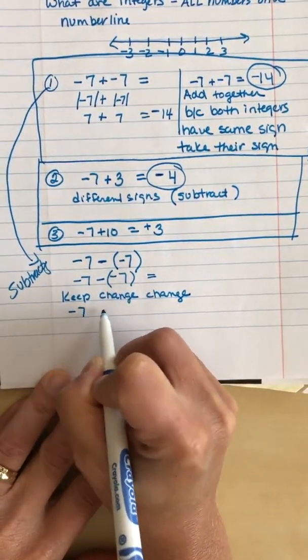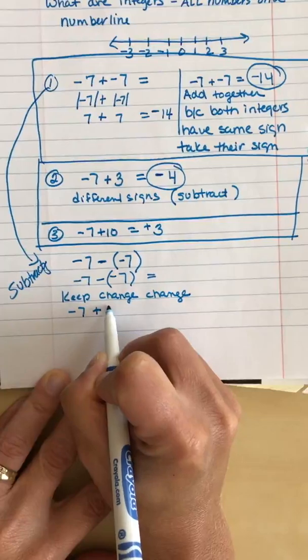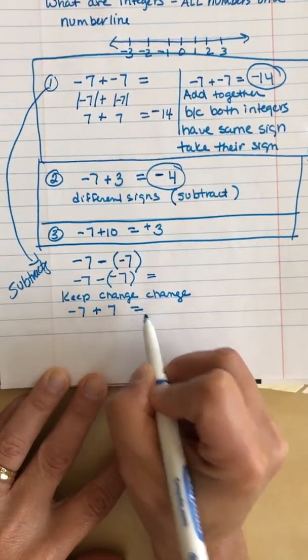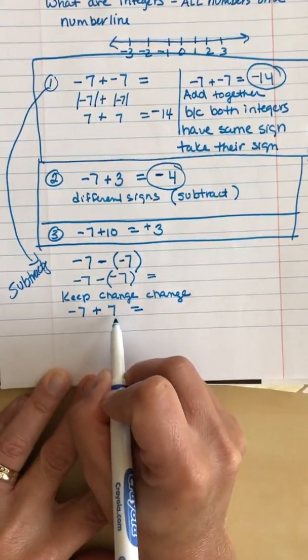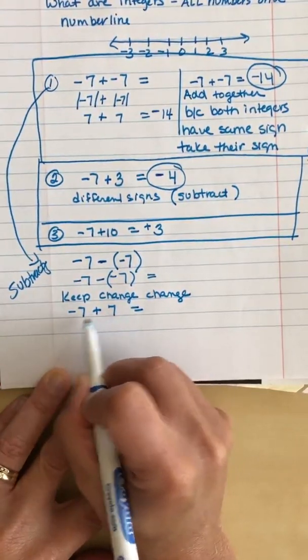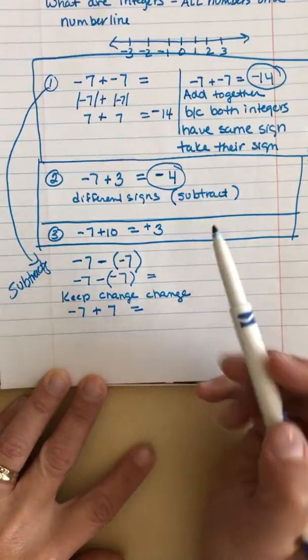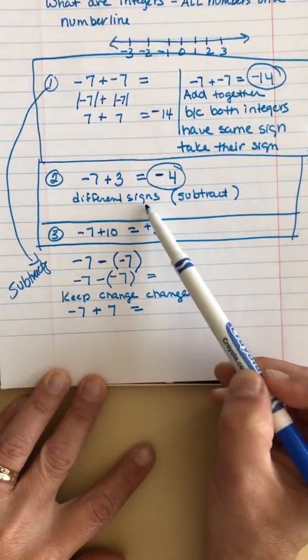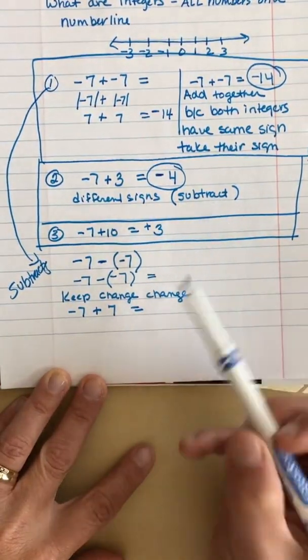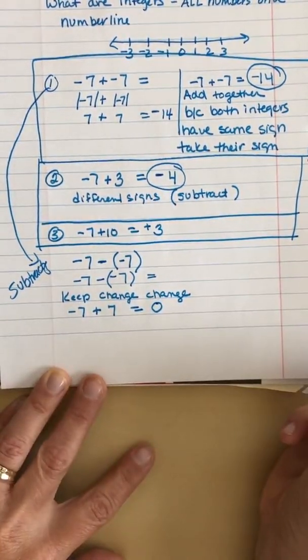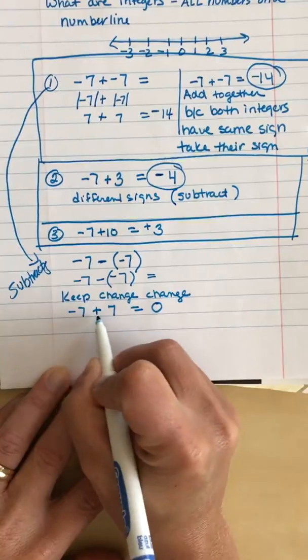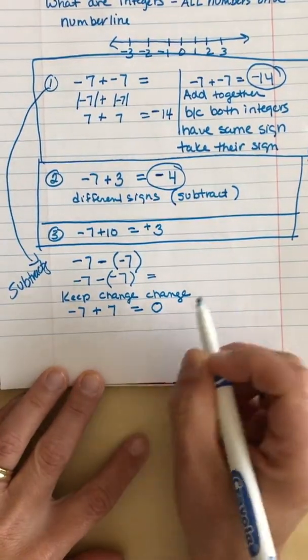So -7 plus 7 equals, well, we've got -7 and +7. So when you add those together, they are different signs. So if you go back to what happens when you have different signs, you have to subtract them. So we subtract and we get 0. So it's different if you're subtracting, obviously. So -7 plus +7 is 0.